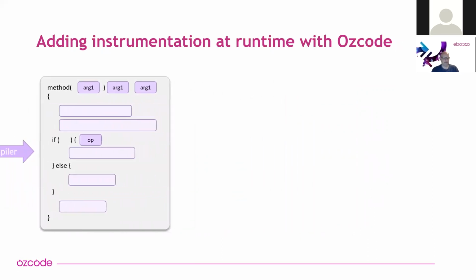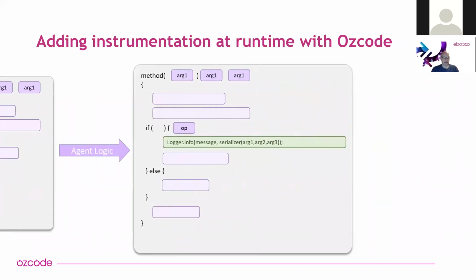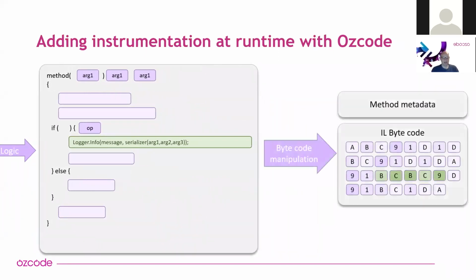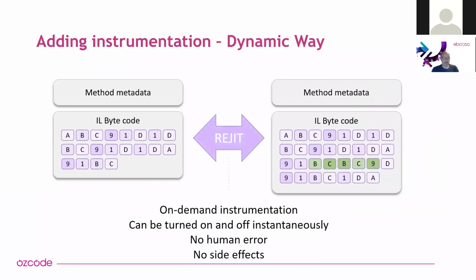We take the bytecode of the method, we add our own instrumentation using the agent on the fly, and then we use the bytecode manipulation technique to dynamically rejit that method. So it's changed on the fly. And because it's changed on the fly, we can very easily turn that instrumentation on and off without even thinking about it.